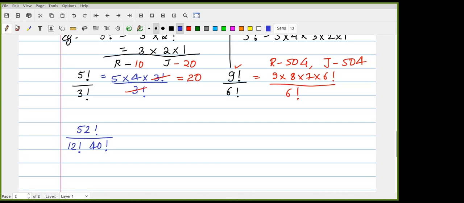Let me simplify this. I should not have given this difficult question. Let me make it a little easier. Sorry. Try this, 1 minute. Try this problem.